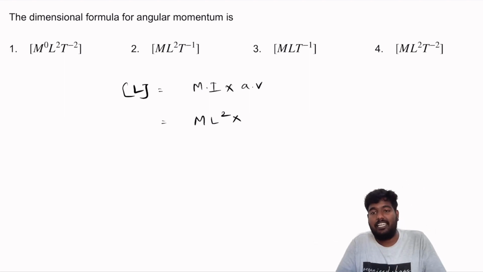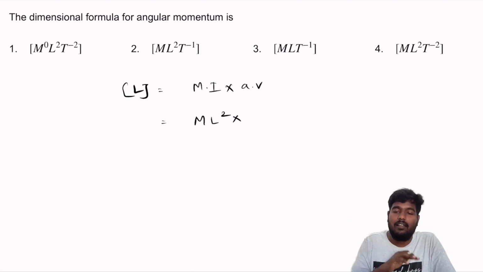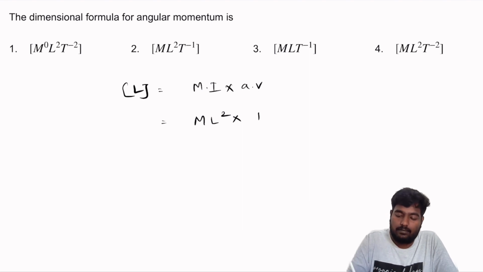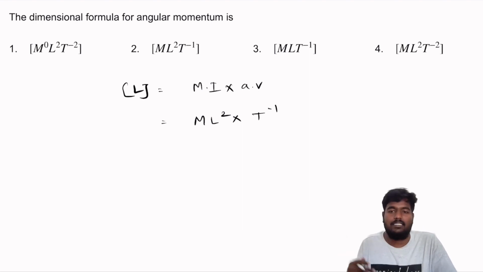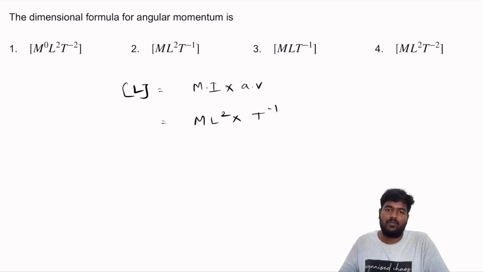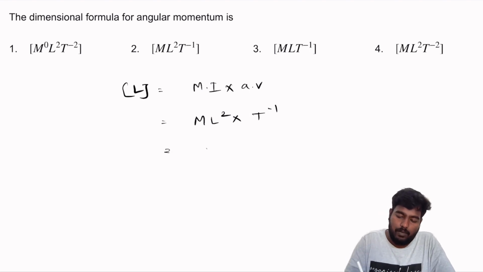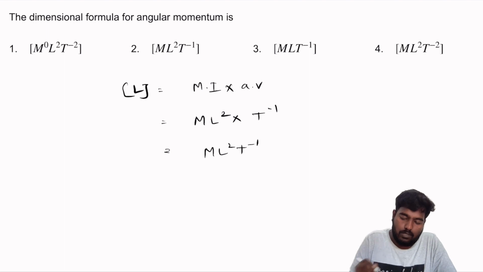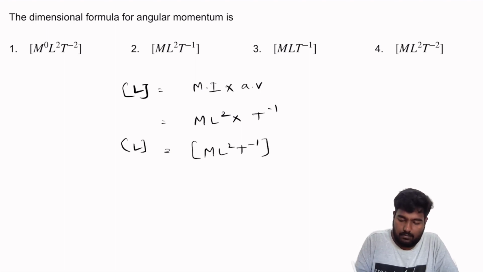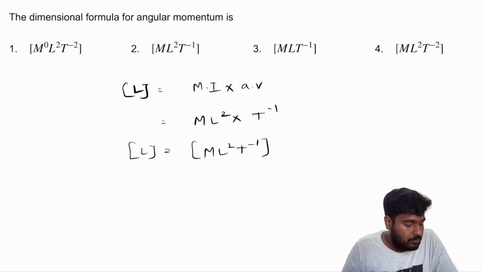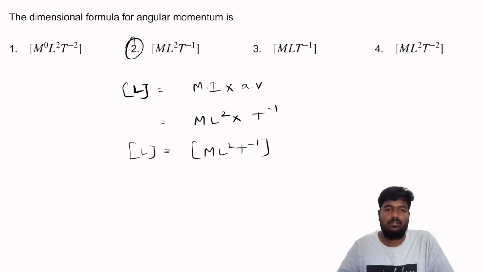Velocity is distance by time; angular velocity is just divided by time, so it's simply frequency, 1 by time. So the angular momentum will be m L square t power minus 1. That's your dimension. I think option 2 is the right answer.